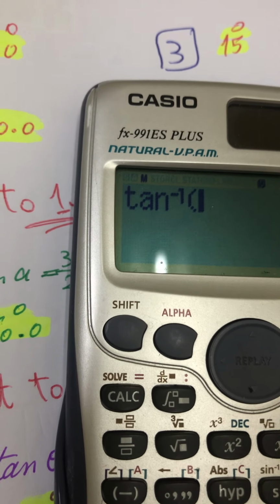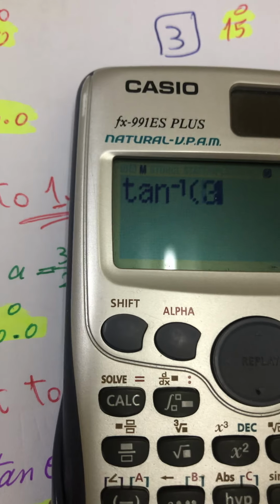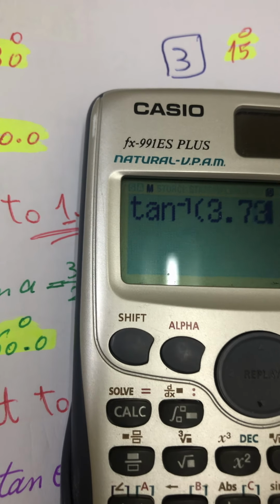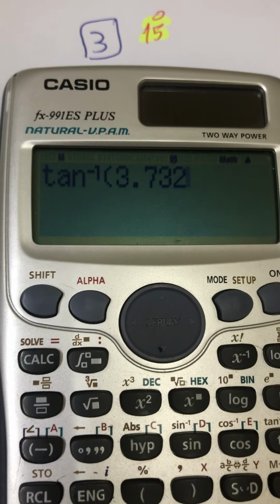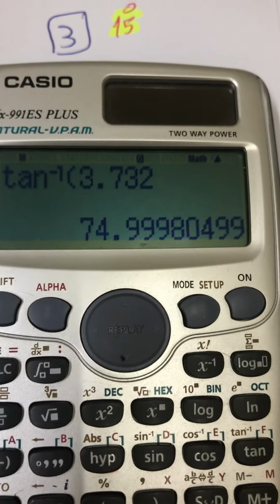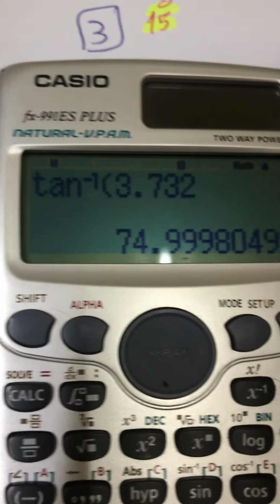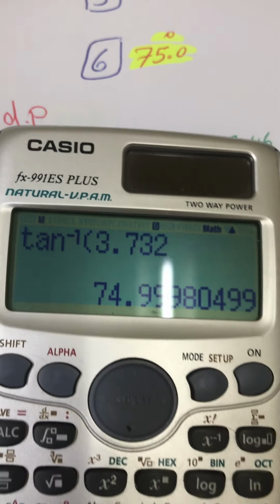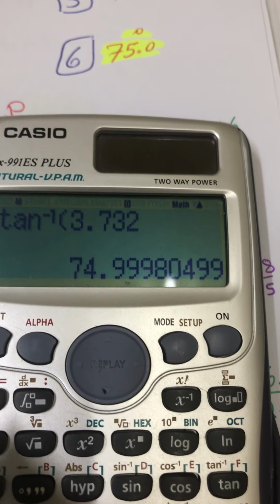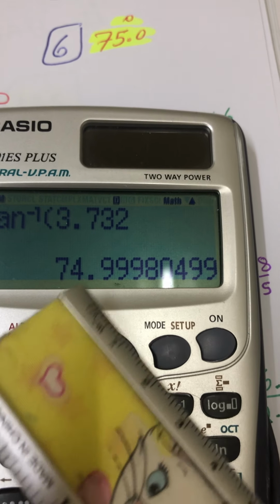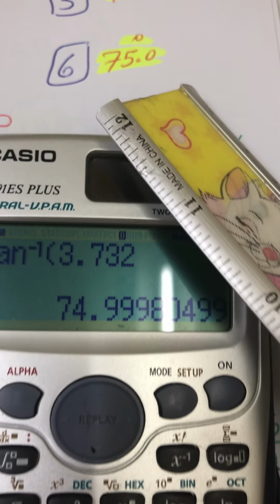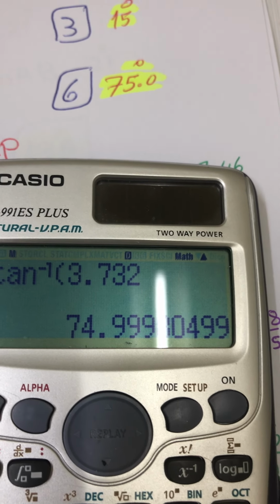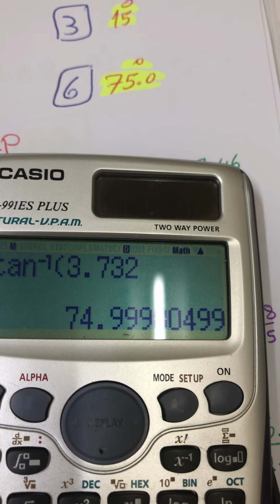Press the ratio, 3.732. Press equal. This is the angle, 74.9, so 0.99, 3 significant figures. It will be 75. Question number 6, exercise 2, page 218.